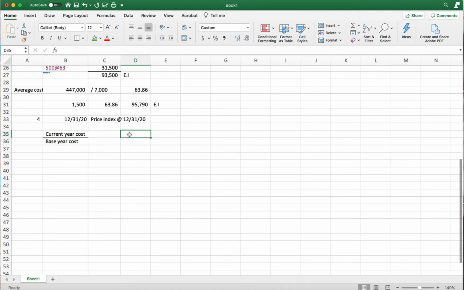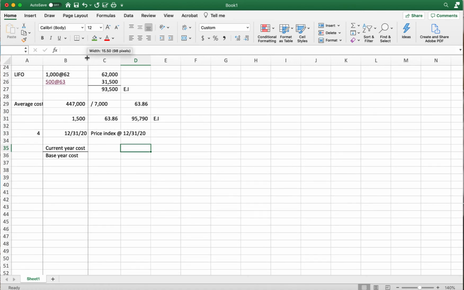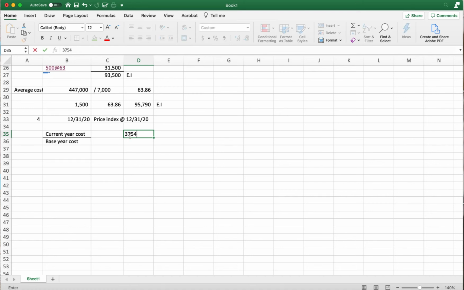Looking at December 31st, 2020, I see that my cost at that year is $375,440. As of that year, my base cost is $361,000.